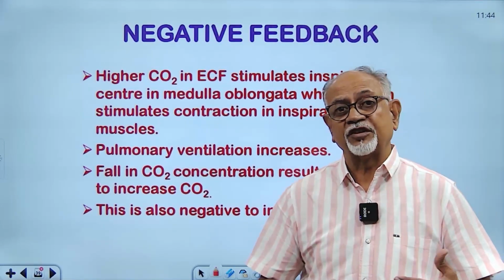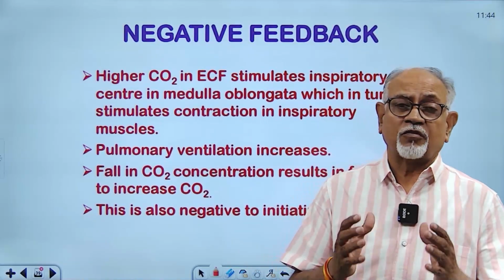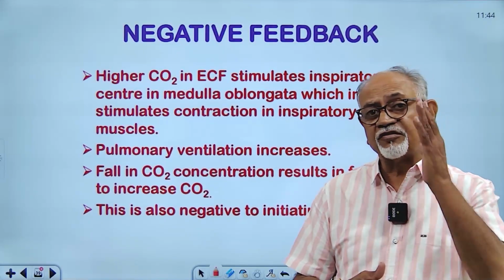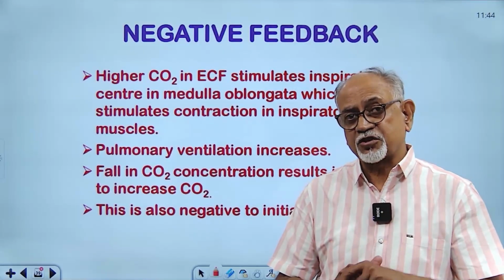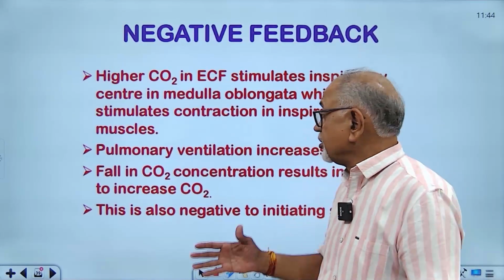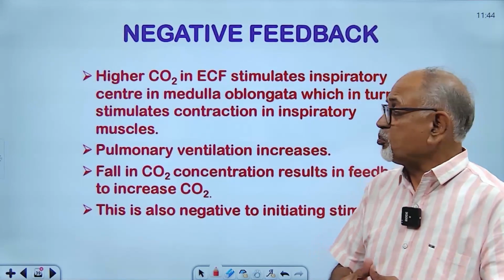As soon as inspiration starts, ventilation starts, the amount of carbon dioxide is reduced in the blood, and then the inspiratory center stops sending stimulus. So in this way, the amount of carbon dioxide is maintained.